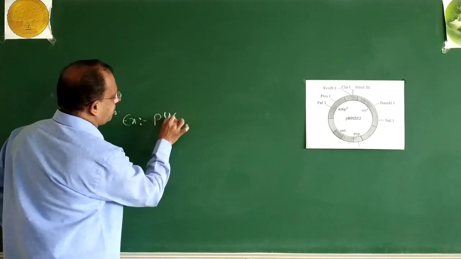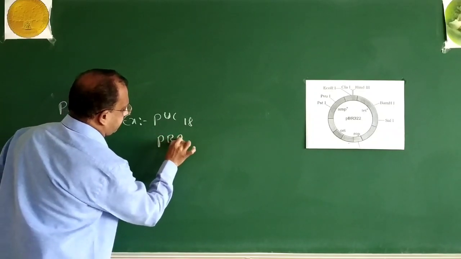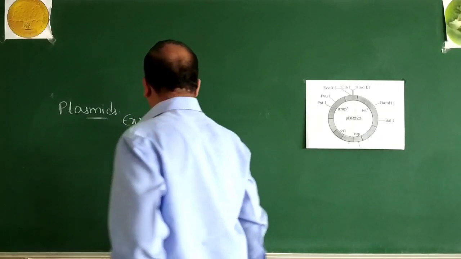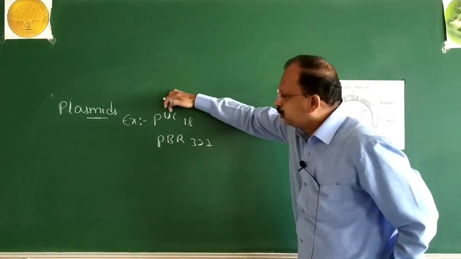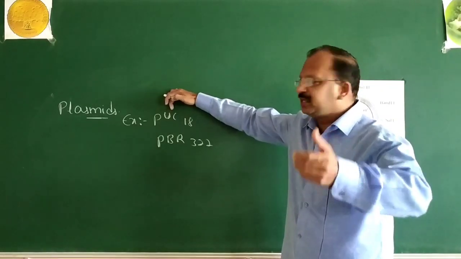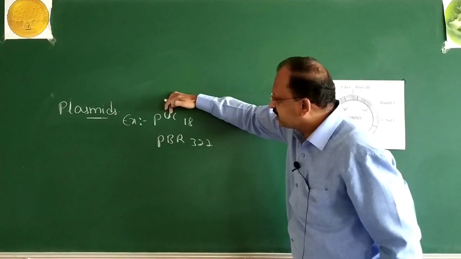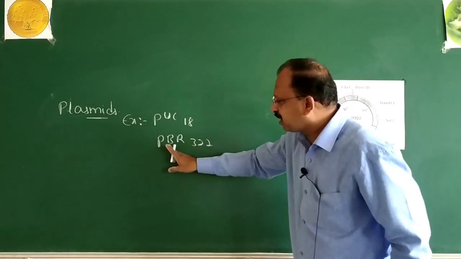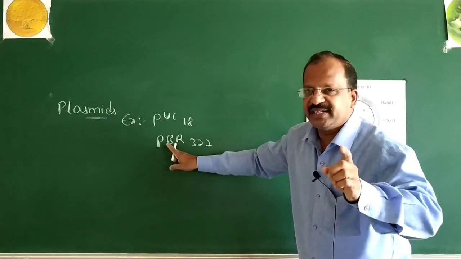It is pUC18 and pBR322. pUC18 stands for Plasmid of University of California number 18, and pBR322 stands for Plasmid of Bolivar and Rodriguez strain number 322.